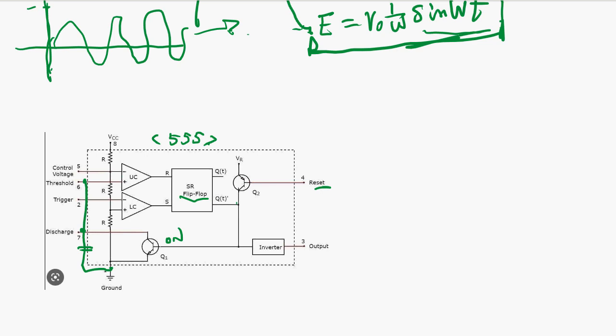Once it's discharged, this flip-flop becomes off, and it starts accumulating charge on the external capacitance. Depending on what capacitance value you use, you can select a broad range of oscillation.